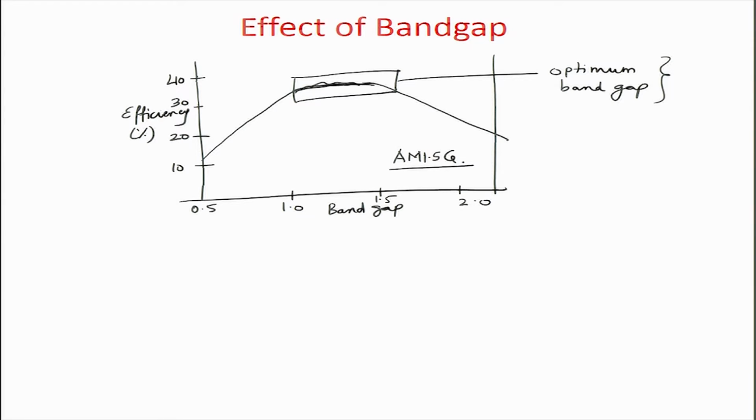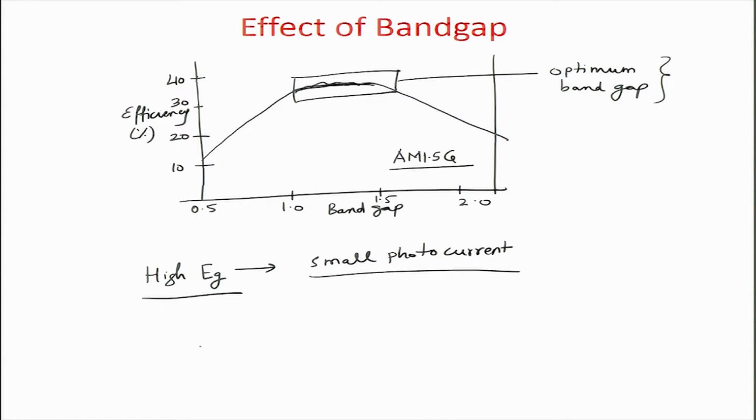Okay. So, basically we see the conundrum: a higher energy gap on one hand gives you small photocurrent because you are going to absorb fewer photons. So, if your band gap is higher, the current is going to be smaller, but at the same time it also gives rise to higher VOC.